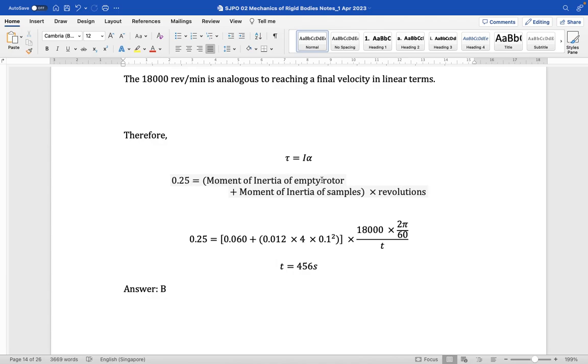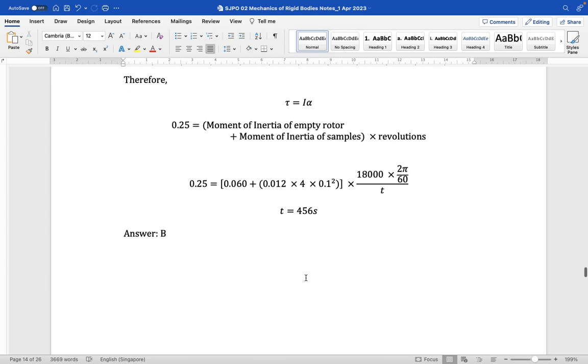The moment of inertia of the empty rotor and the samples can be simply added up under I. The revolutions is kept under alpha. Just take note that these revolutions must be converted to an angular value, so we multiply by 2 pi to get the angles in radians. The 60 comes about because we want it by the seconds, not by minutes. After some explicit calculation, you'll get t equals 456, which is option B.